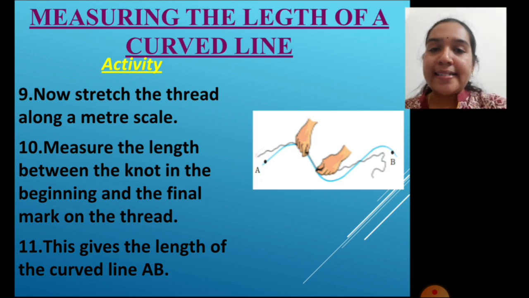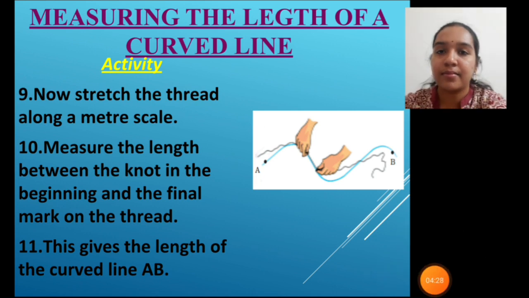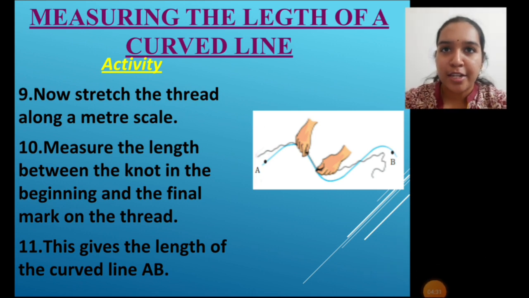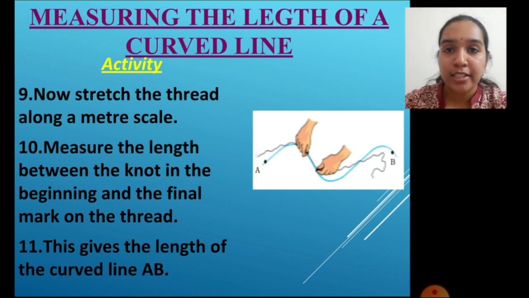Now place a meter scale on a plane surface and stretch the thread along the meter scale. You will measure the length of the thread between the knot and the marking given on the thread where it has reached point B. Now, this measurement of the thread will be the length of the curved line AB.